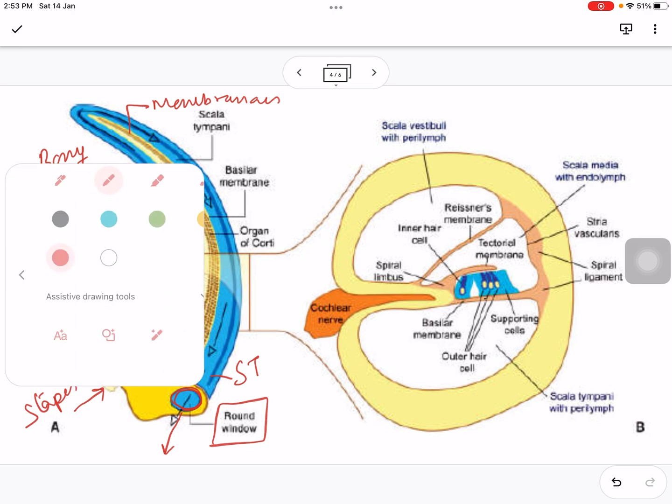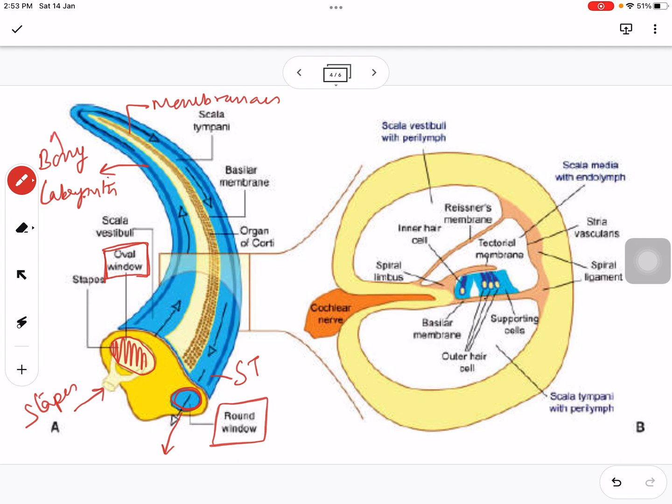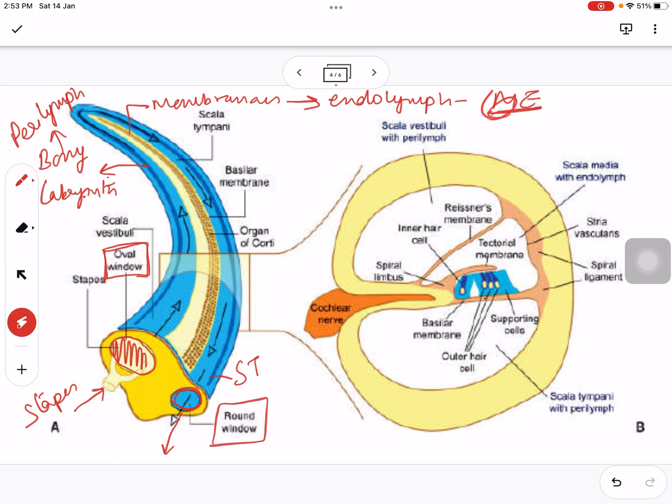Now this bony labyrinth will contain a fluid and that is called your perilymph. The membranous labyrinth will contain a fluid called endolymph. Remember, ME, that means M for membranous part, E for fluid inside called endolymph.